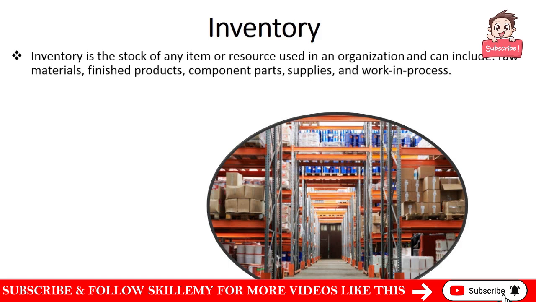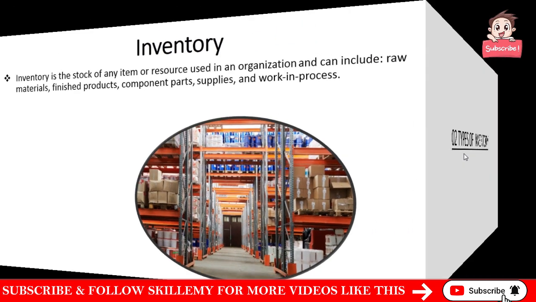For example, at the end of the year we have 1000 meters of fabric, 500 meters of fabric cutting, 500 packing and 2000 t-shirts. These stock items, these resources, are called inventory.